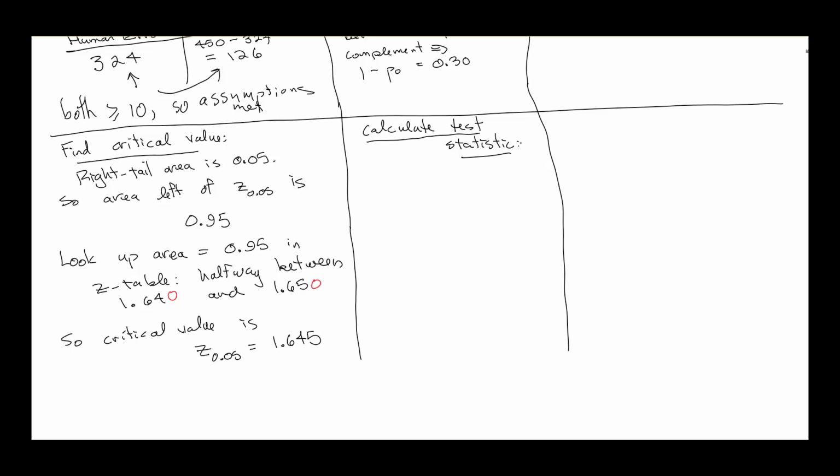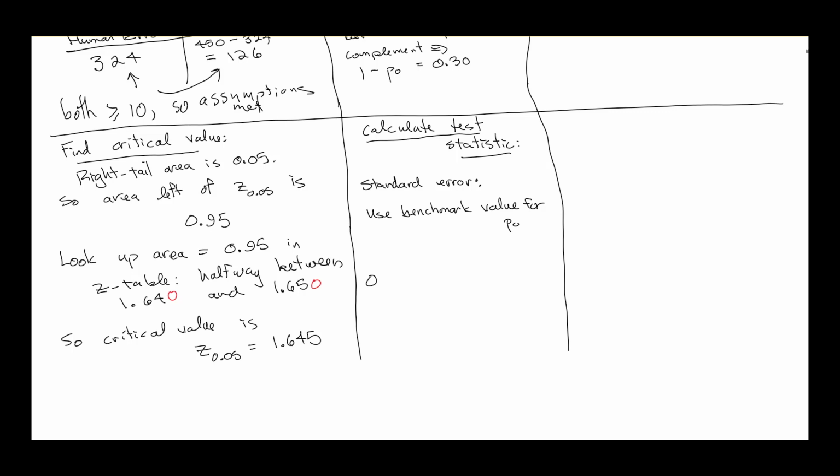Okay, so the first thing that we want to do is find our standard error. When we do our standard error, we want to use the benchmark value for our P0, or our location of P in our standard error.